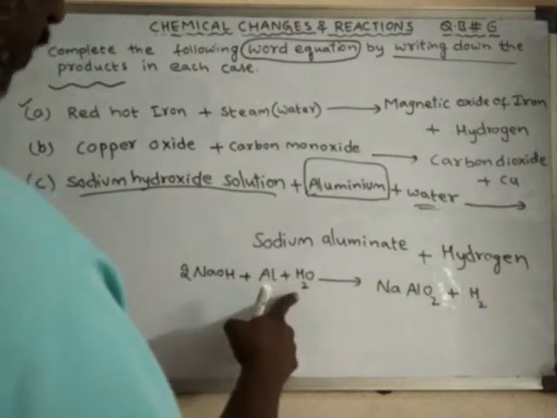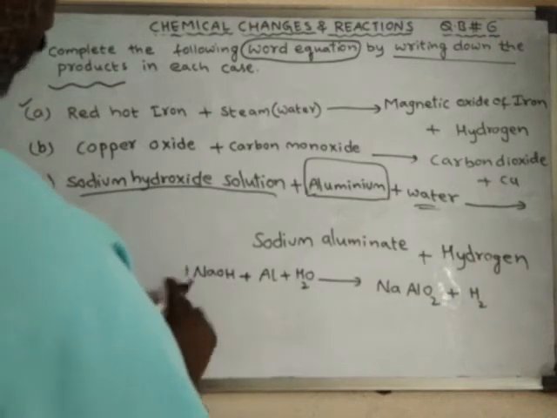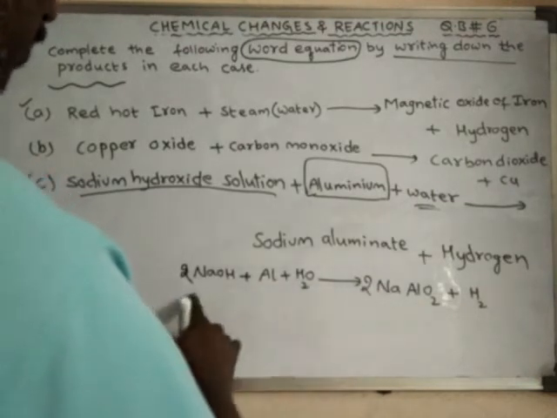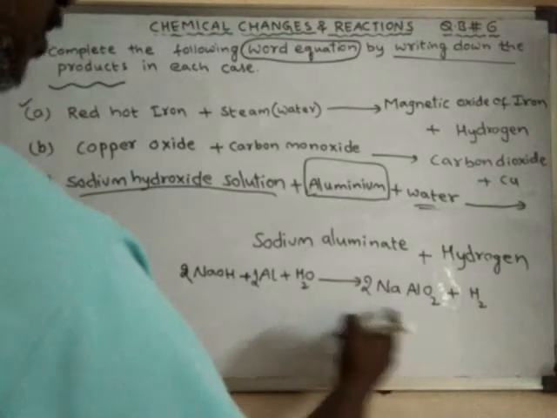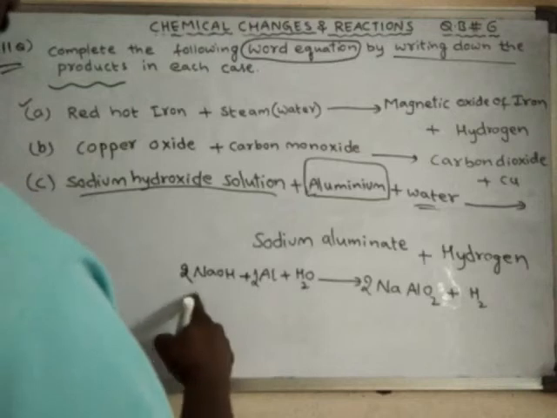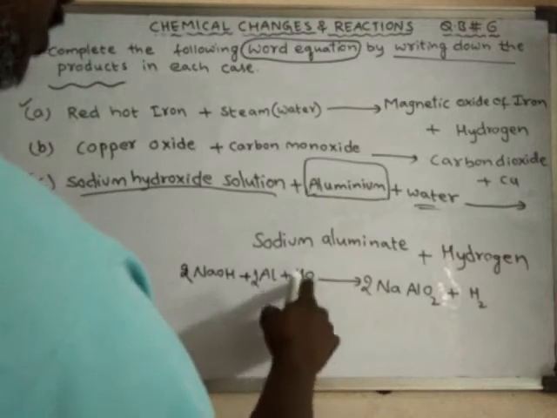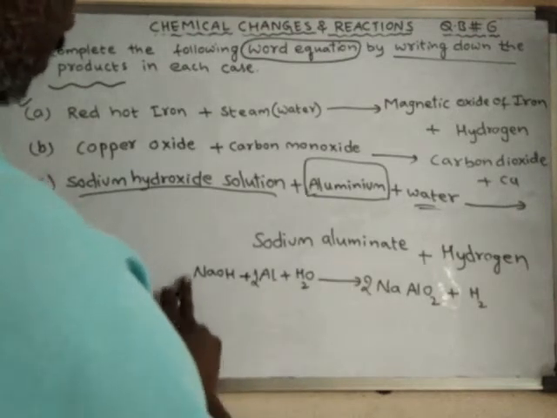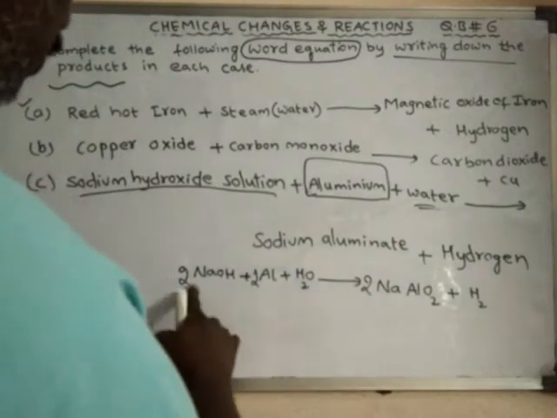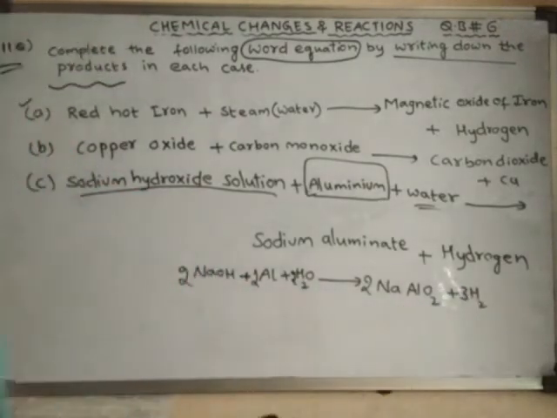So how many hydrogens are there here? Here also, how many? Only one hydrogen. Suppose I write 2 here, it forms 2Na, 2Al and O2, plus 3H2.